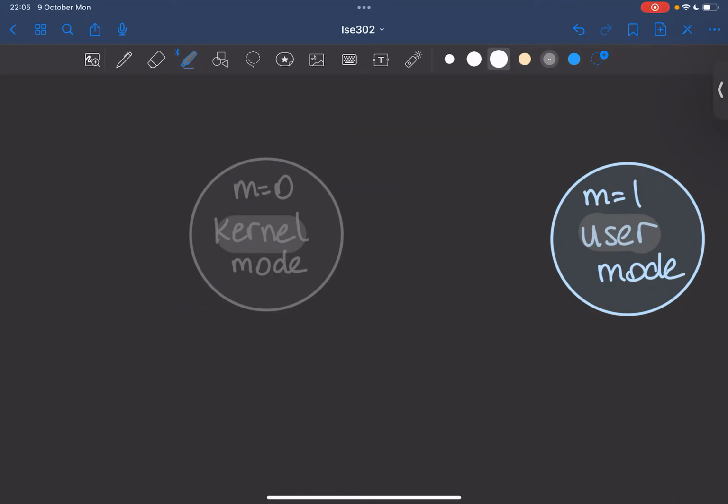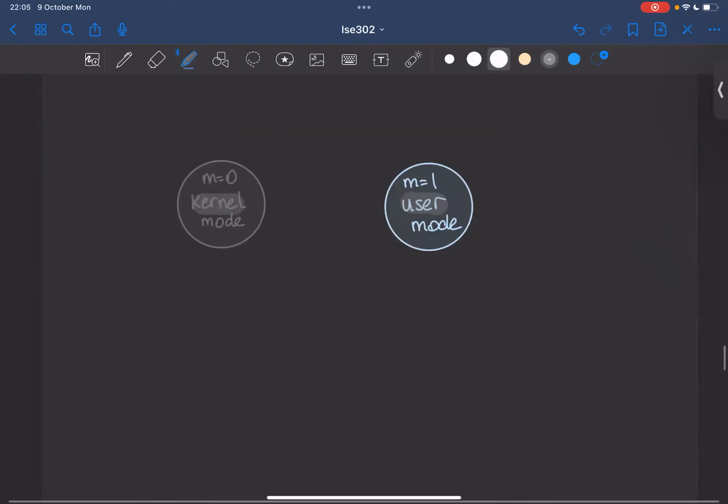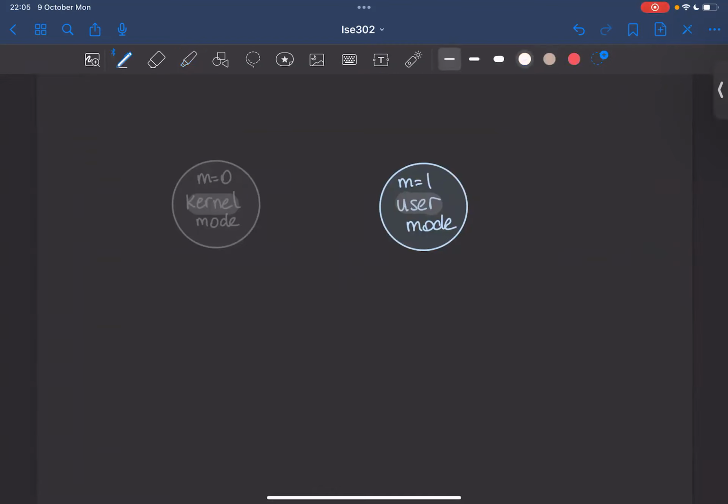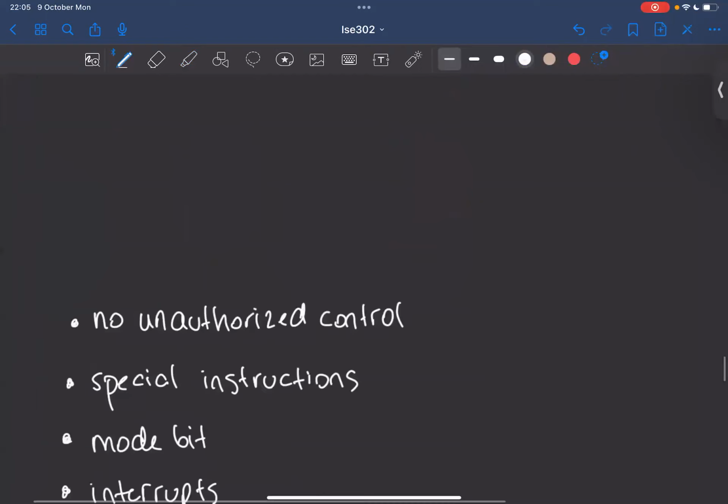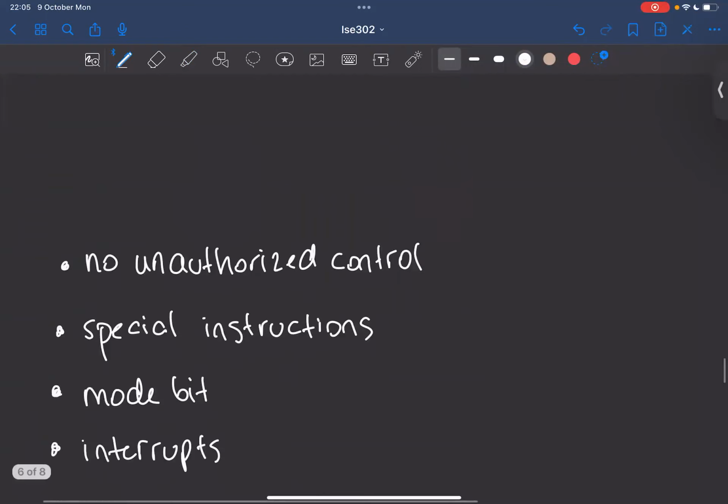To make sure your programs can't mess with the important stuff the computer does, there are special things to consider, okay? So firstly, your programs, namely user programs, can never take control of the computer when it's in kernel mode. So it's restricted unauthorized control.